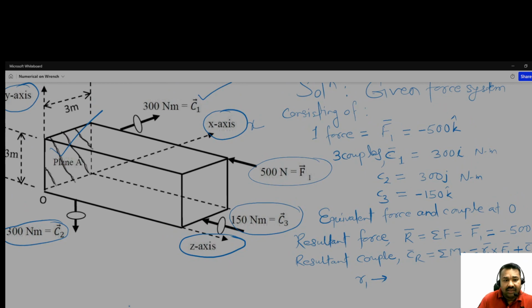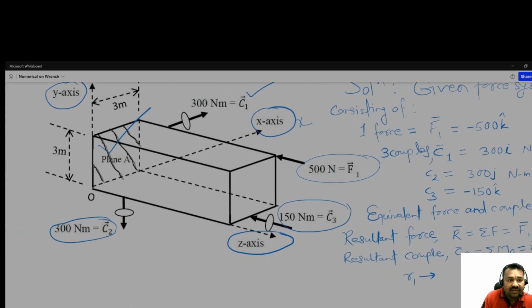Along the x-axis, if you see the figure, it is 3I. And along the y-axis, it is 3I plus 3J.